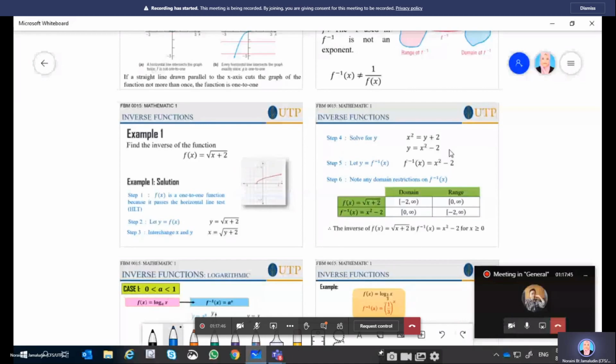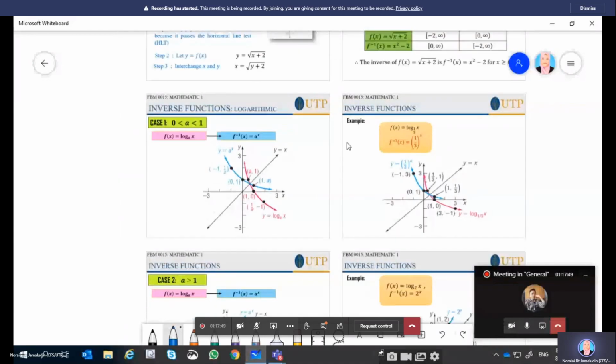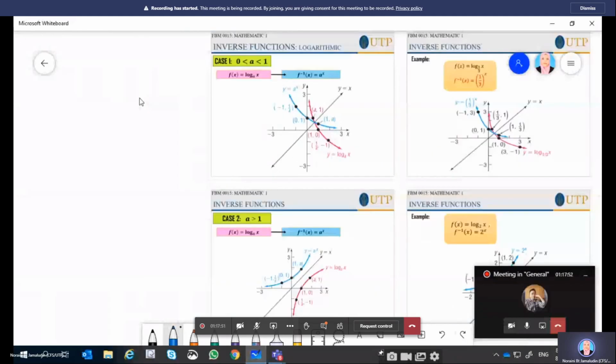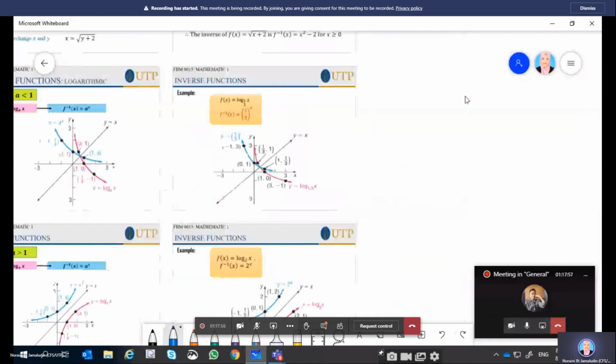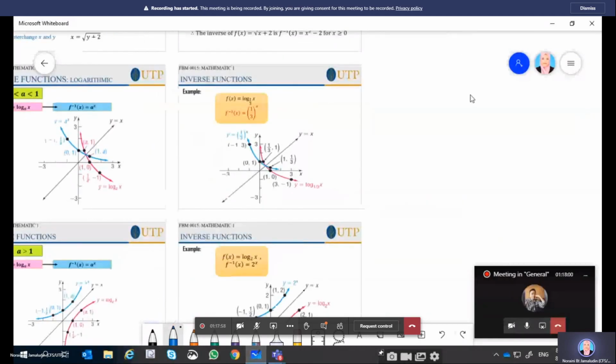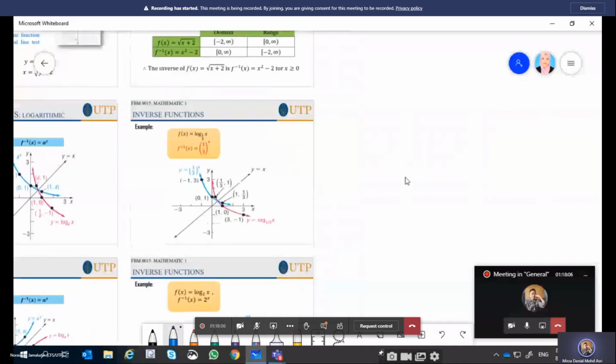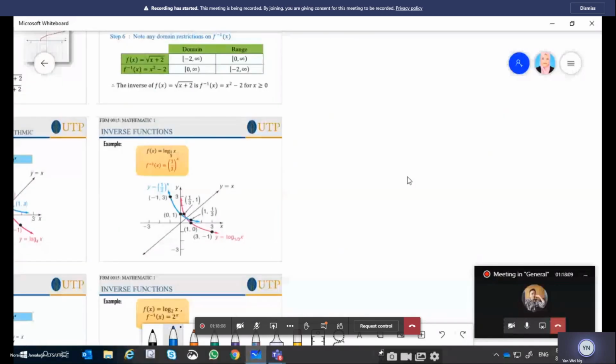So today let's continue to the log function. Before that, is there any question regarding the inverse function for quadratic and square root function? So far no. I didn't attend the last class, but I rewatched the recording, so I think I'm alright. Okay, if no, I will continue to today's lesson.